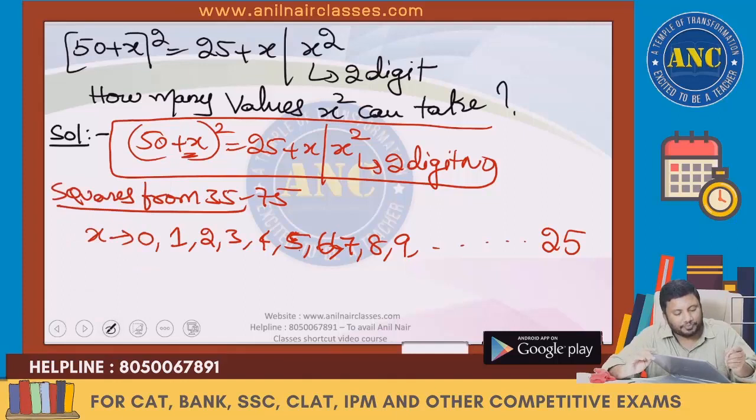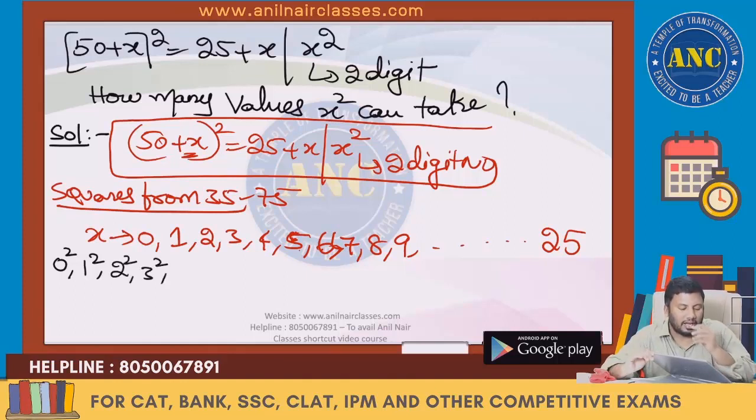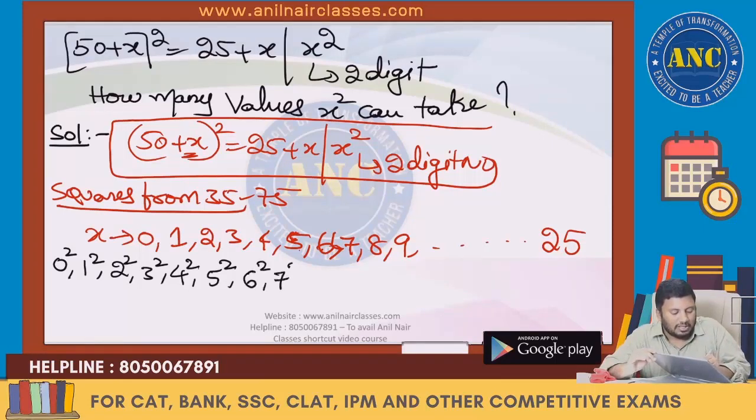Let us see. 0 square possible, 1 square 1 possible, 2 square possible, 3 square 9 possible, 4 square 16 possible, 5 square 25 possible, last two digits, 6 square 36 possible, 7 square 49 possible, two-digit numbers all are different, 8 square 64 possible, 9 square 81, 10 square is 100, already we have taken, it is not possible.